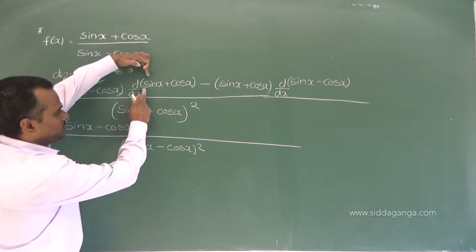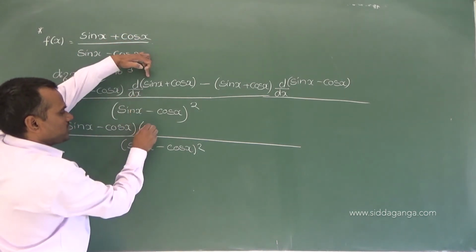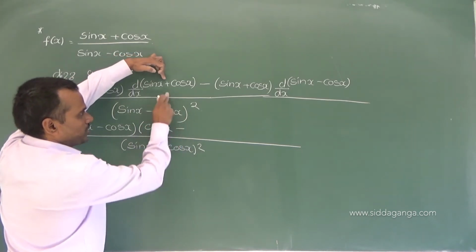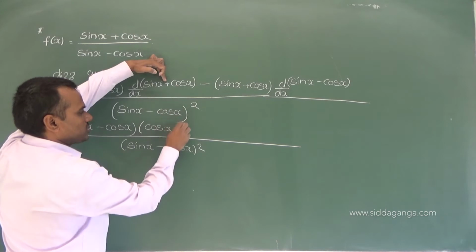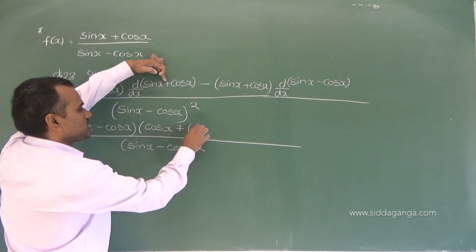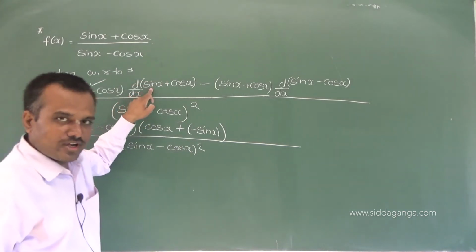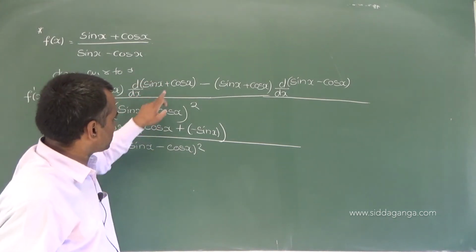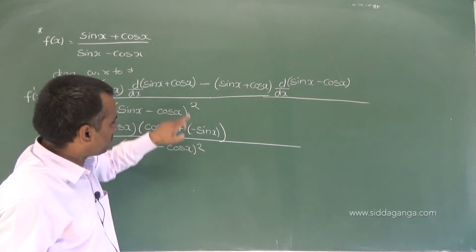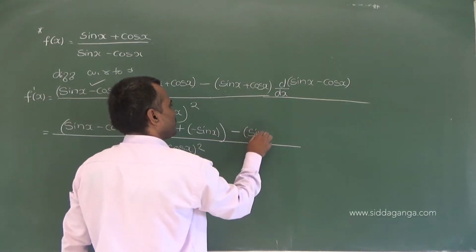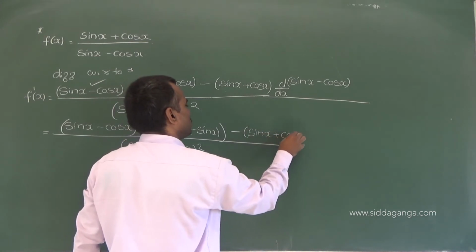So observe here. Derivative of sin x is cos x plus derivative of cos x is minus sin x. Minus this term, right, as it is, sin x plus cos x.